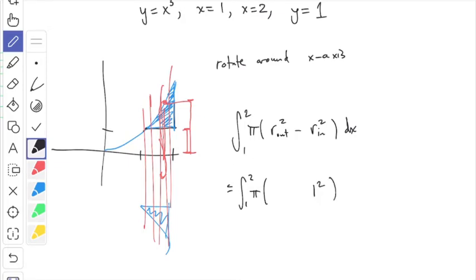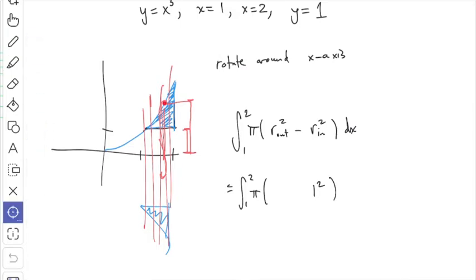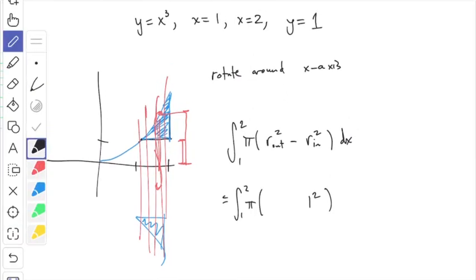How about the outer radius? What do you think? It would be measured from the curve point all the way down to the x-axis. I think it is just x cubed. Sometimes you have to wonder, can I just use the formula exactly as is, or do I need to modify it?